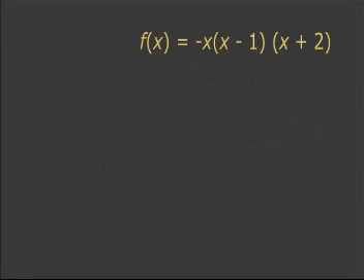For example, consider this function. When we multiply the terms, the expression reads as f(x) = −x³ − x² + 2x. Based on this, we can predict the approximate shape of the graph.